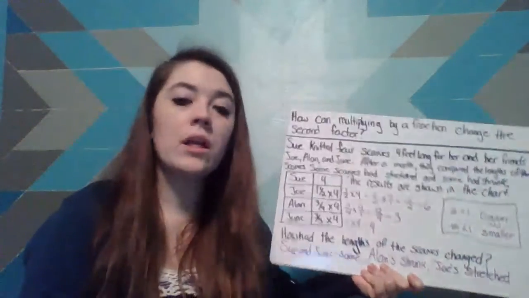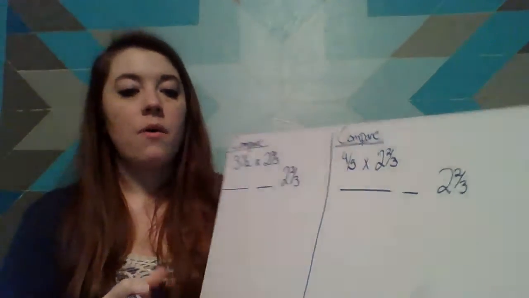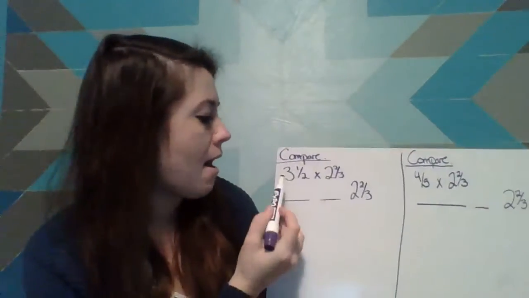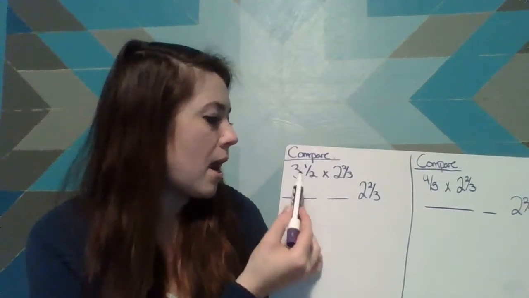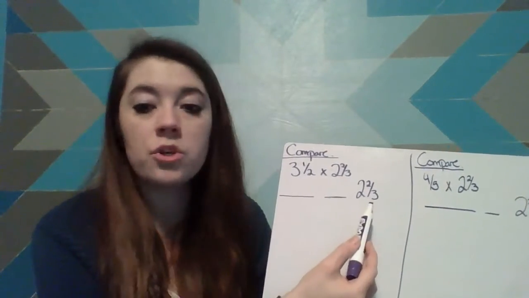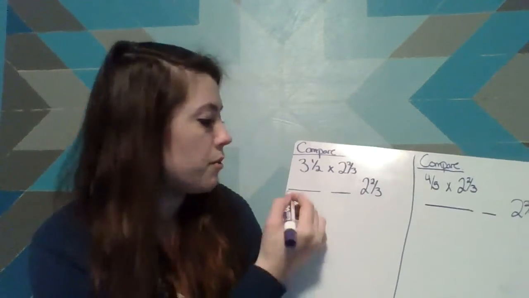All right, so we're going to look at some more examples of this to give you guys lots of practice as always. So, like I said, part of your assignment will be to compare. So our first problem over here, we have 3 1/2 times 2 2/3, and we want to compare whatever this is to our 2/3. So we're going to multiply 3 1/2 times 2 2/3.